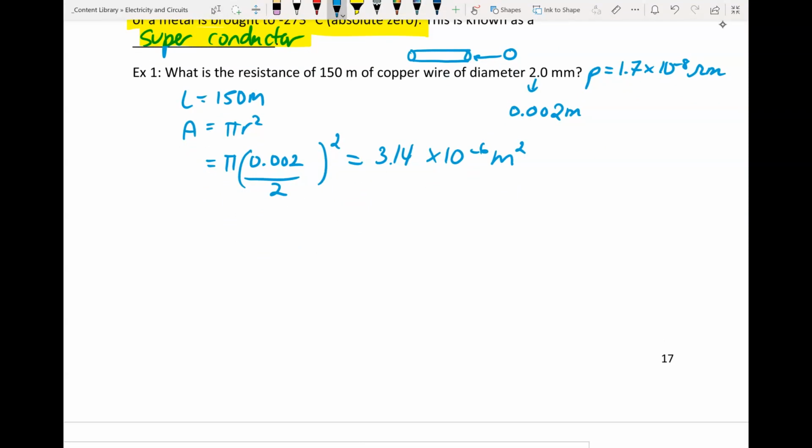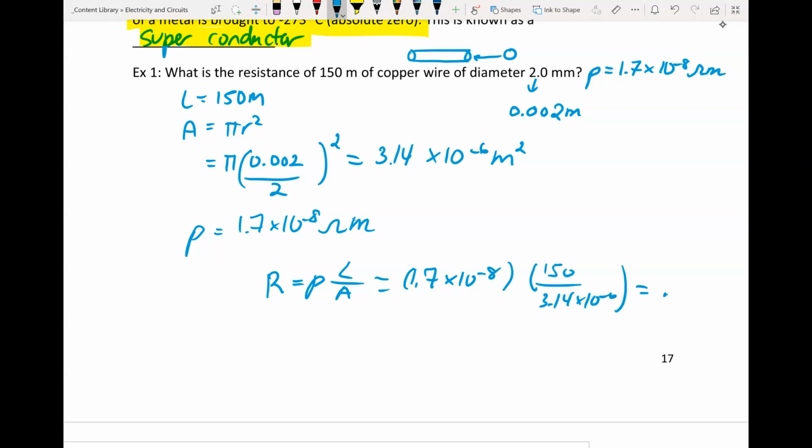And then for rho, we have 1.7 times 10 to the power of negative 8 ohm meters. So R is rho times length divided by area. I'm going to plug all that information in, and then you should get 0.81 ohms.